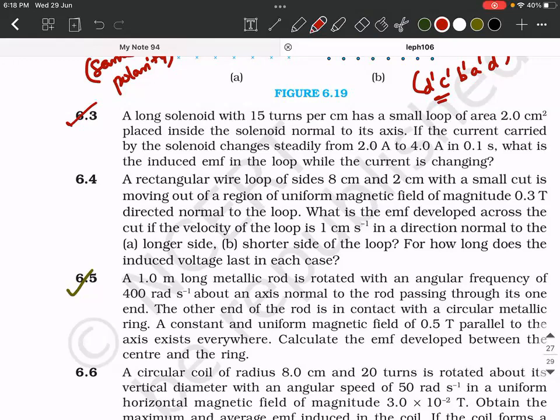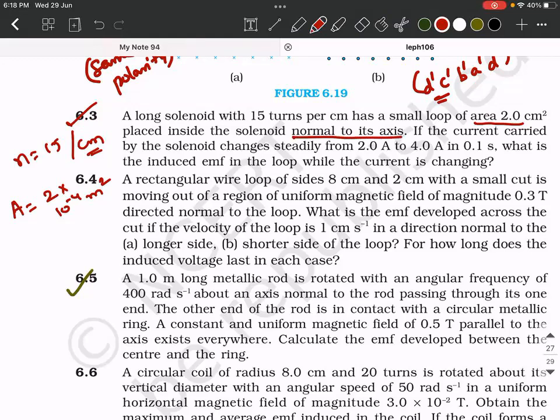Which n? It is small n. So small n is 15, that is per centimeter. It has a small loop of area. So area is how much? 2 into 10 power minus 4 meters square, placed inside the solenoid, normal towards axis.